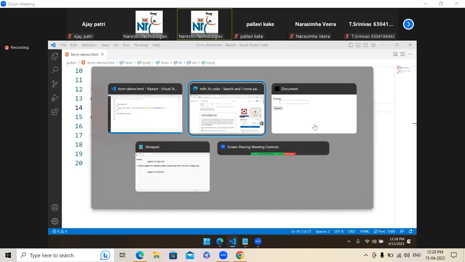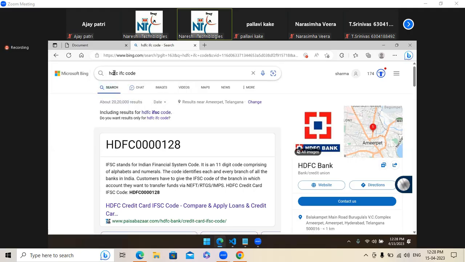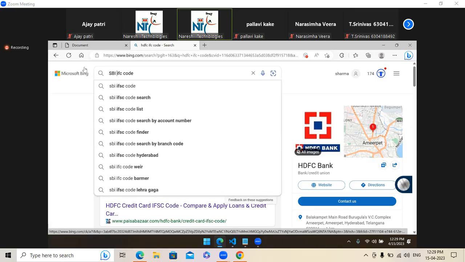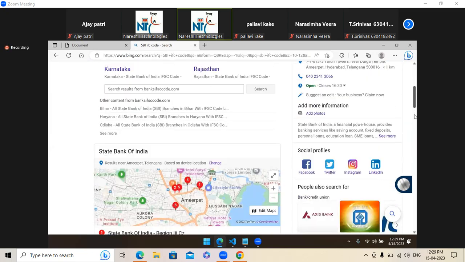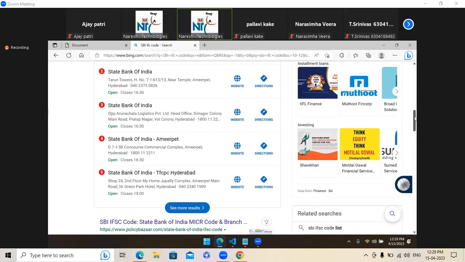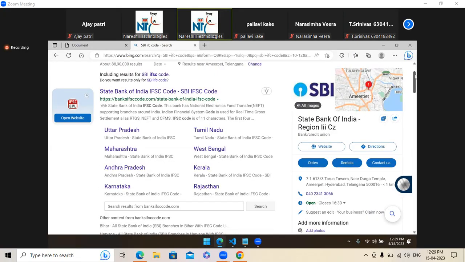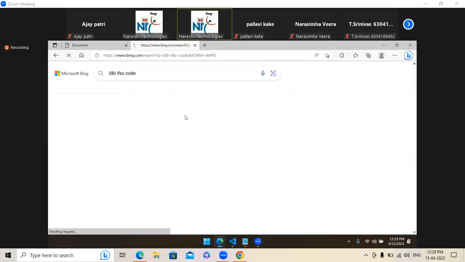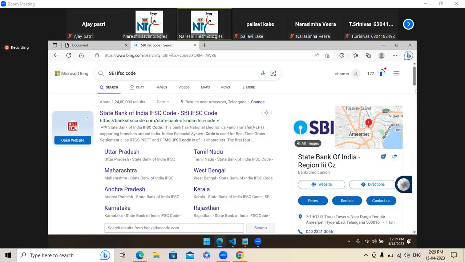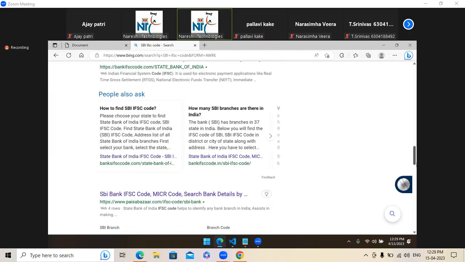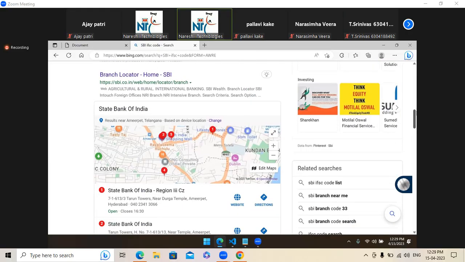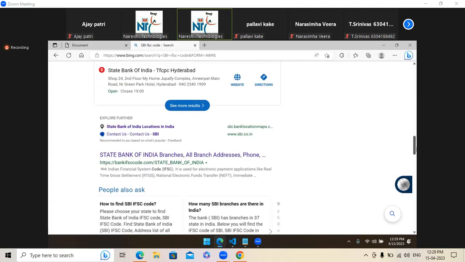For example, you see here, suppose I am writing here an SBI IFSC code. An SBI IFSC code looks something like this, where we have all the codes. Suppose you see somewhere an IFSC codes list. This is a locator.